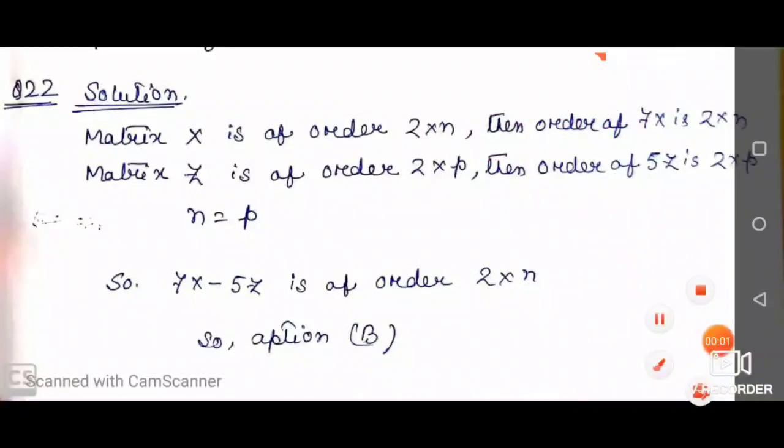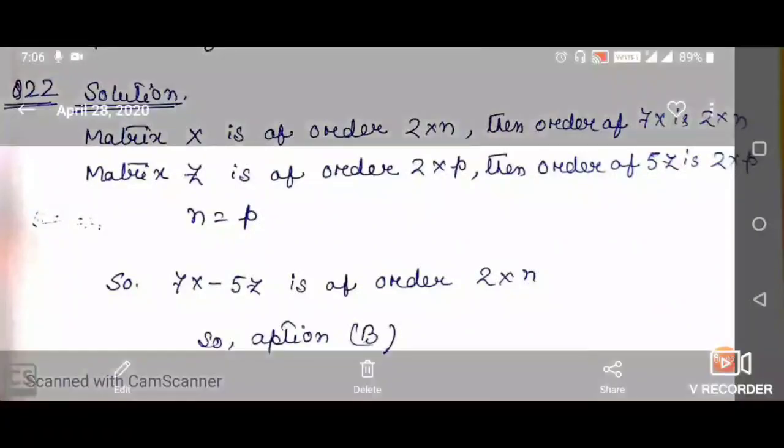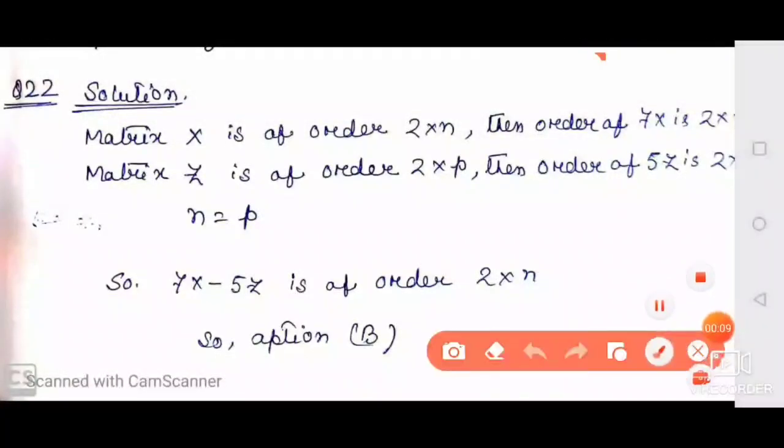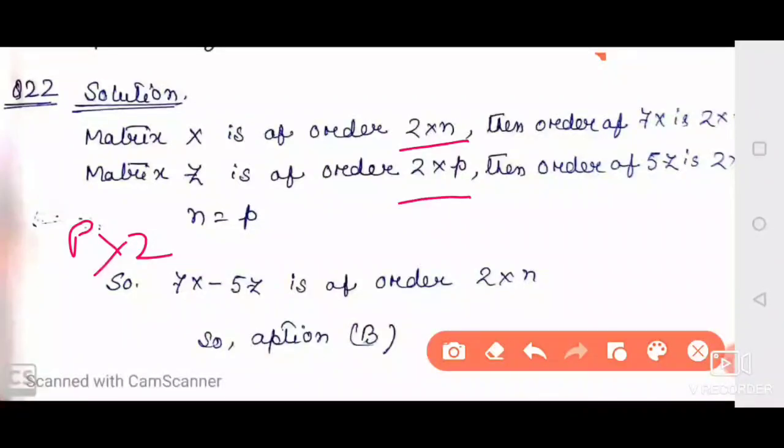In the other options, the order of matrix 7X minus 5Z is given, option A is given p by 2, which cannot be possible as the order of 7X is 2 by n and order of 5Z is 2 by p. So 2 is the number of rows for both the cases, but from these two we cannot say 2 is the number of columns for both the cases.